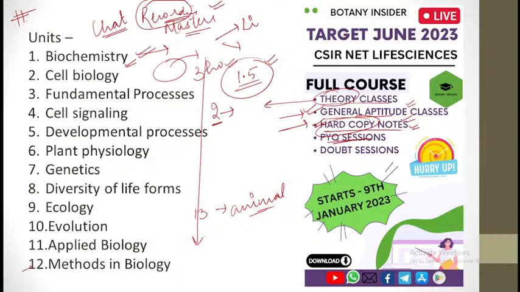In addition, every Sunday you'll have a weekly test of 30 marks or 50 marks. All the things would be shared with the enrolled students. There will also be regular doubt sessions: if you are finding any problem or any topic needs to be repeated, it would be repeated for your convenience, so that you do not find any difficulty in understanding the concepts.